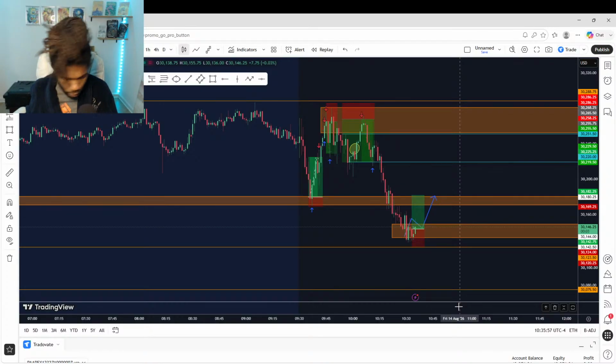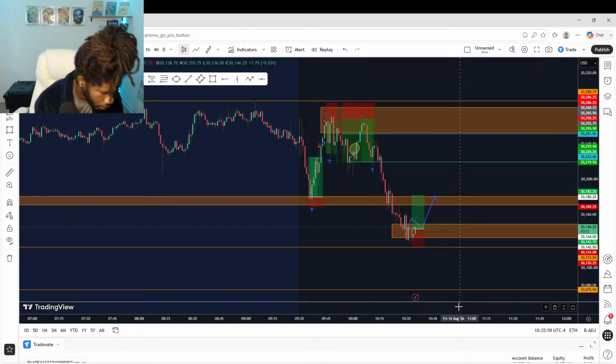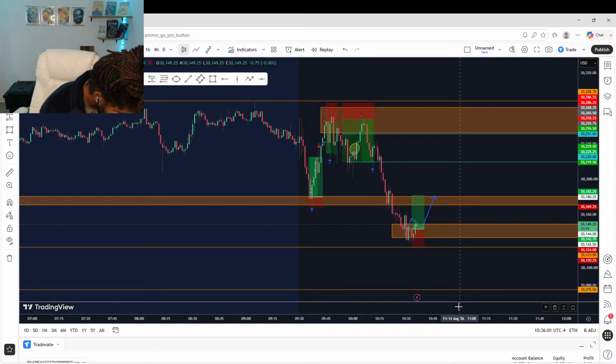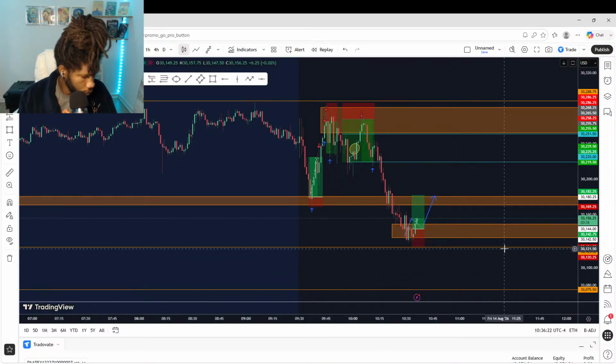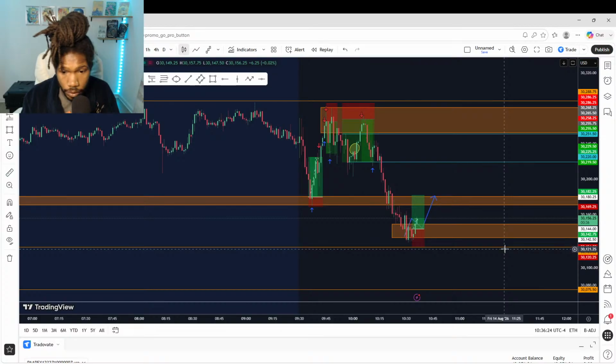We need to close above that level though, and then a retest, and a possible continuation to the upside. There goes that push. Boom.